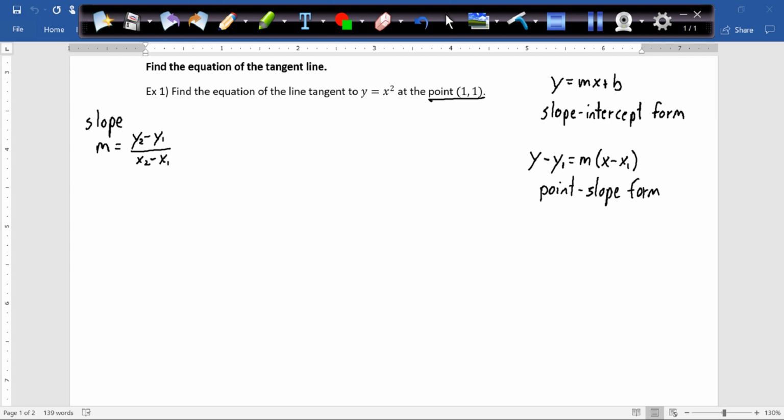This is our formula for slope there. Okay? So all we need are our 2 points. We plug in, we find the slope. We can plug that into point-slope form, simplify it to slope-intercept, and we're done. What's the problem that we have here? We only have 1 point. Okay?